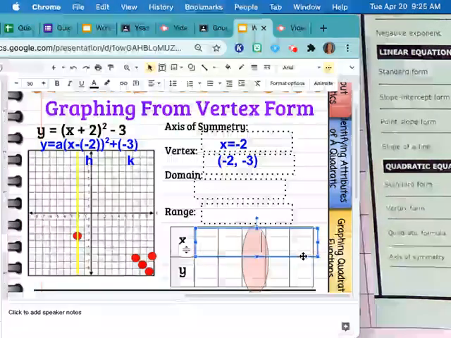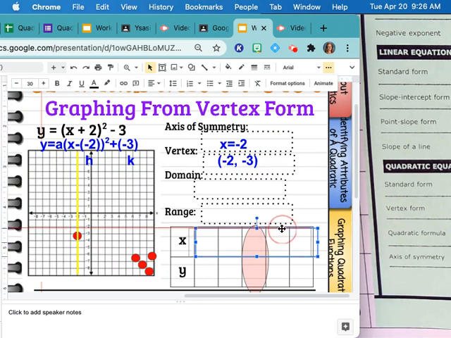And in this red circle, that's where the vertex is going to go. So the point of the vertex is negative 2, negative 3.